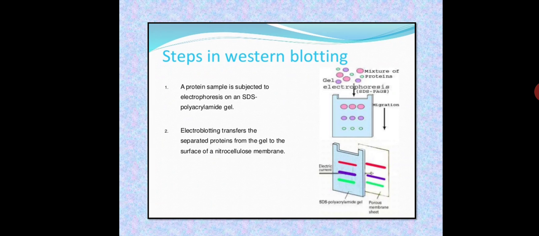Then we will perform centrifugation of those components. After centrifugation, supernatant and pellet will form. In the pellet, organelles will settle down, and in the supernatant there will be our mixture of proteins. Like that we will isolate, or extract, our protein.